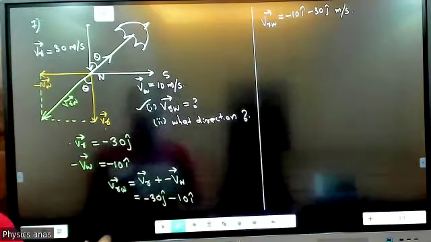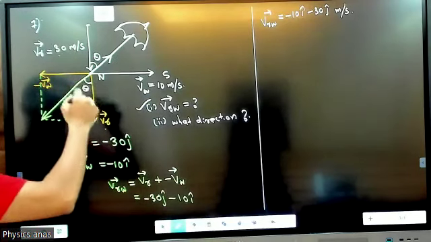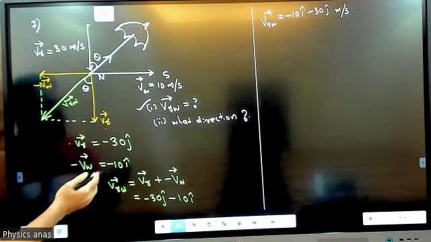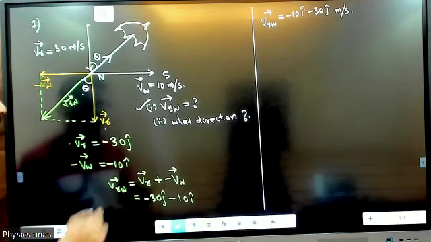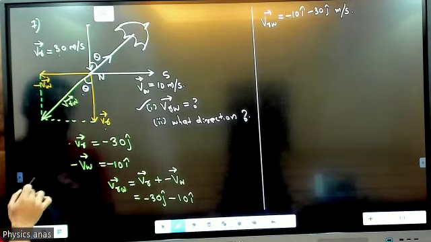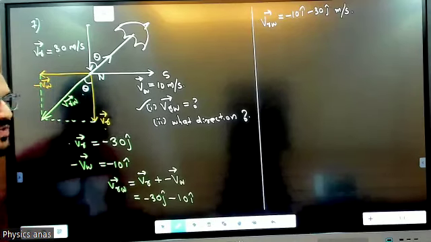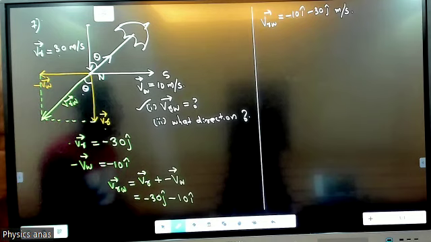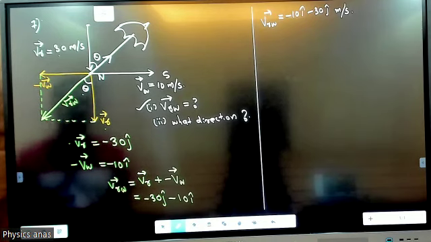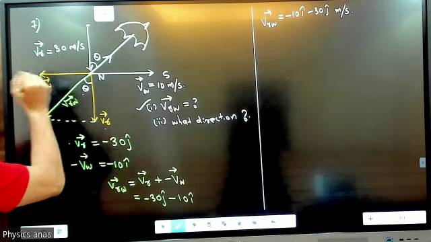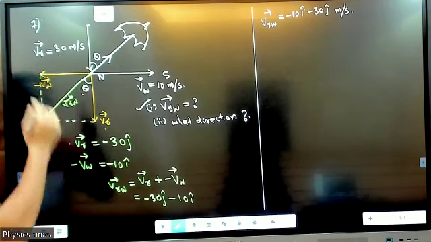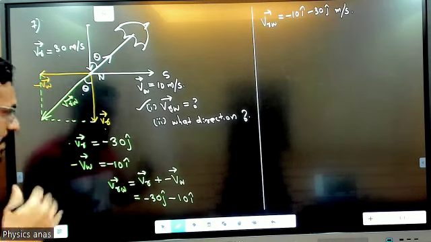So if I am taking the angle with the vertical as theta, the opposite angle is between VRW and VR. Okay, now I just need to find what theta is. This is VW, and its magnitude will be equal to the magnitude of VW.